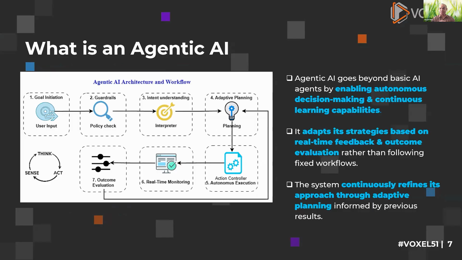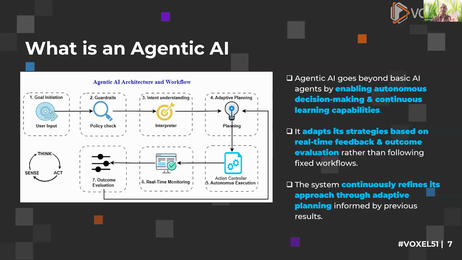But agentic AI is different. The biggest difference between AI agent and agentic AI is that when an execution is happening, if there is an incorrect path or a mistake, it can be auto-corrected during the same execution. That is agentic AI for you guys, right?